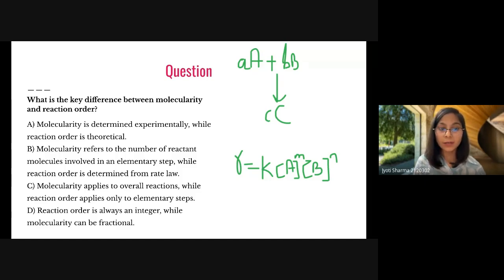The second: molecularity refers to the number of reactant molecules involved in an elementary step, while reaction order is determined from the rate law. C: molecularity applies to the overall reaction, while reaction order applies only to an elementary step. D: reaction order is always an integer, while molecularity can be fractional. So what do you think? What is the answer? Let me see the chat box.